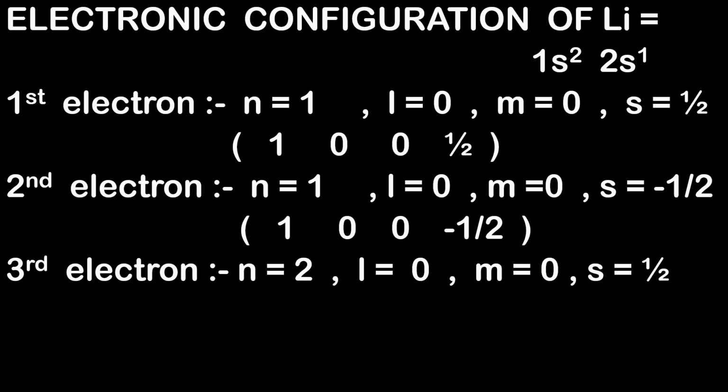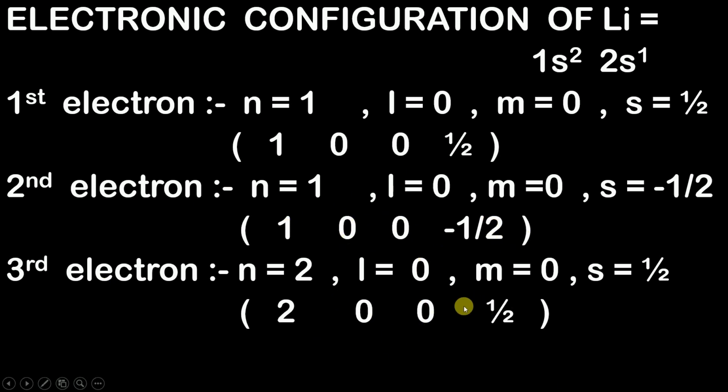Okay, so now if you again see over here, the four quantum number sets of the first electron, second electron and third electron are all different. When you compare the first electron and second electron, the first three values are the same, but the fourth one is different. Similarly, if you compare the second electron and third electron, the first two values are the same, but the next two values are different.